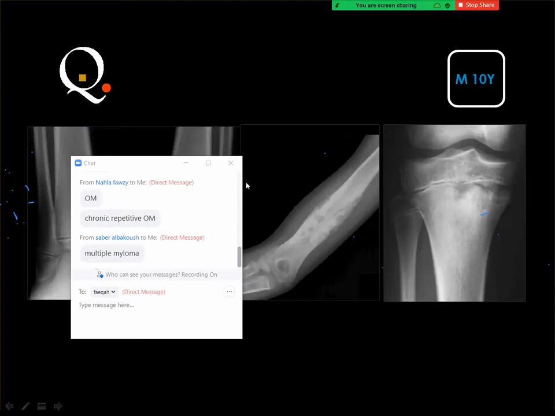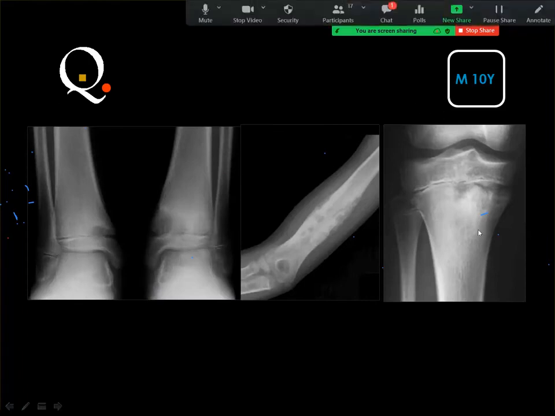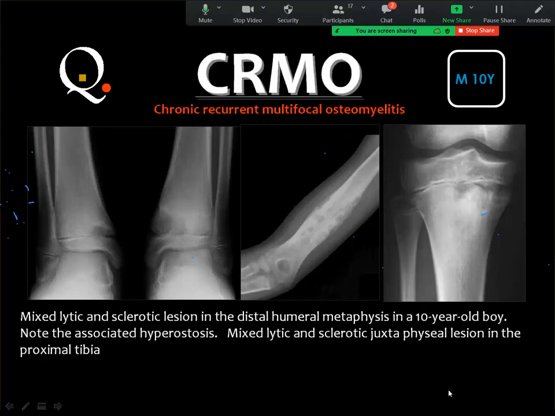Then if you look carefully at the age of the patient, this is not the age of myeloma, and also these are not the locations of myeloma, but the first answer was right, where you get some erosive changes associated with sclerotic bone reaction, especially in the tibia, especially in the proximal part. Sometimes it can affect the proximal humerus, and the diagnosis is chronic recurrent multifocal osteomyelitis.